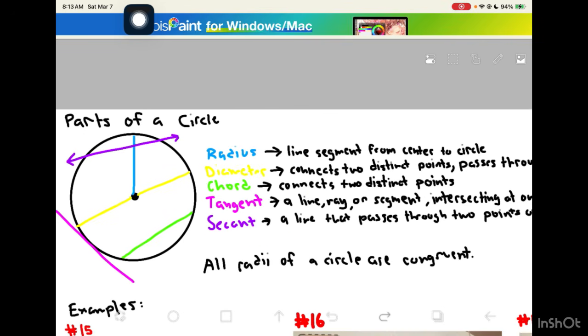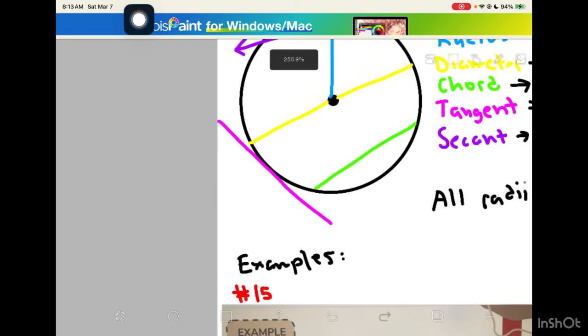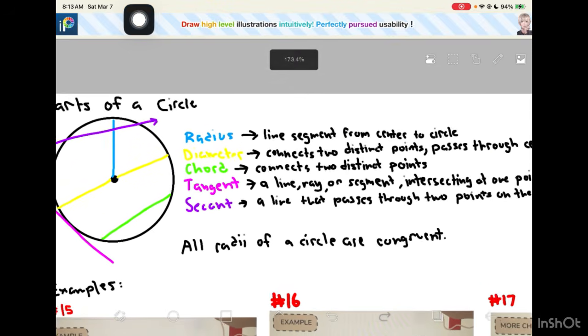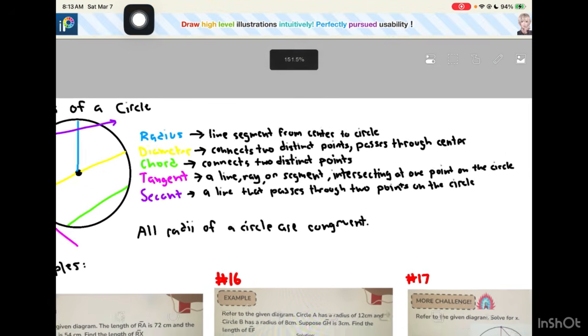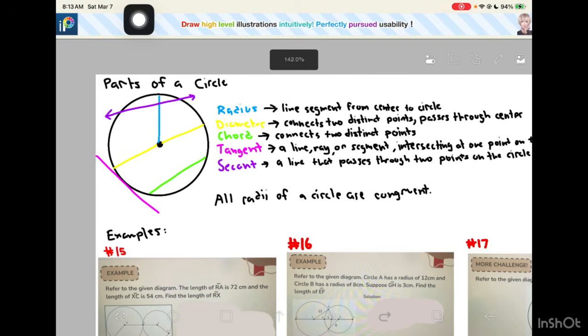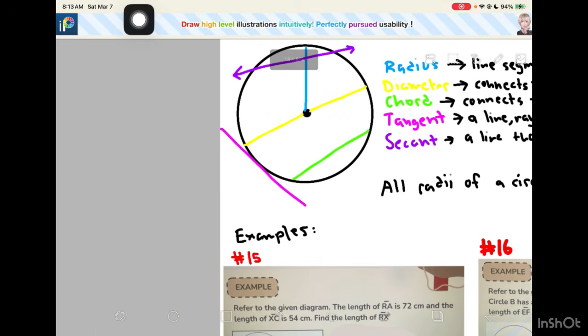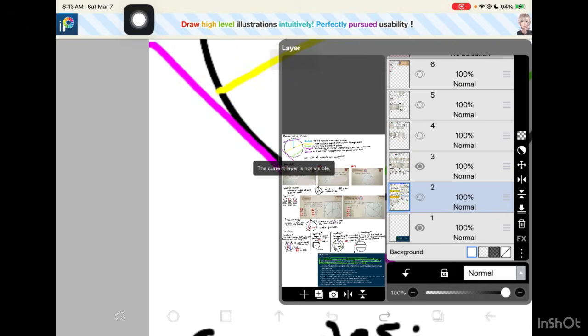Likewise, the chord is just connecting two distinct points, but it doesn't necessarily pass through the center. Then a tangent, the pink one over here, is a line, ray, or segment that intersects exactly at one point on the circle. That one point of intersection is called the point of tangency.